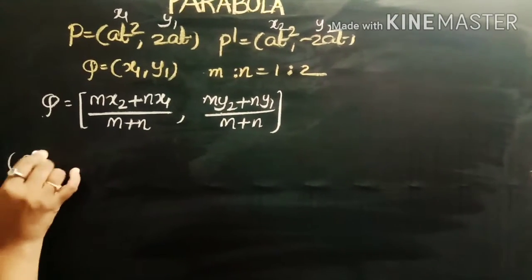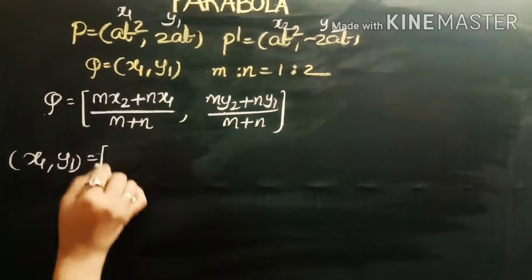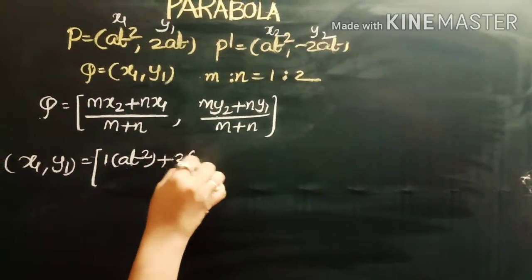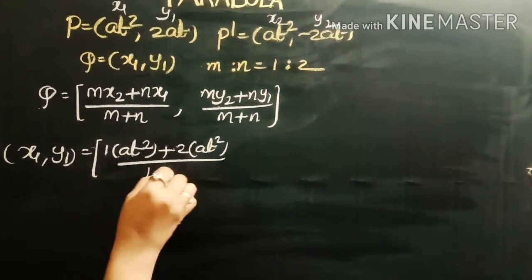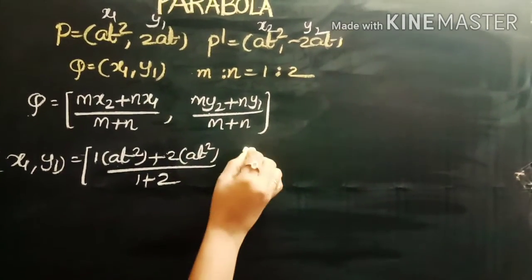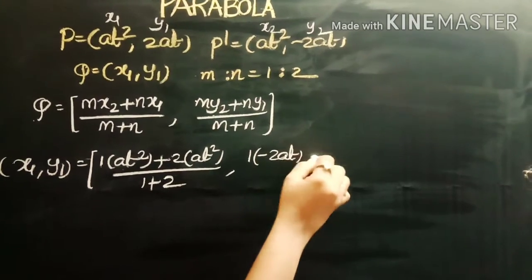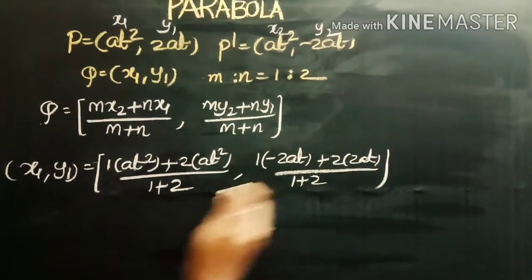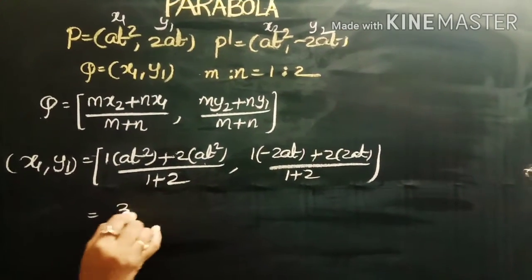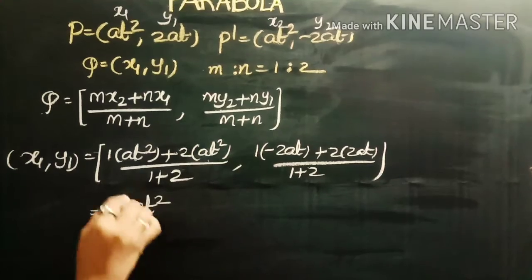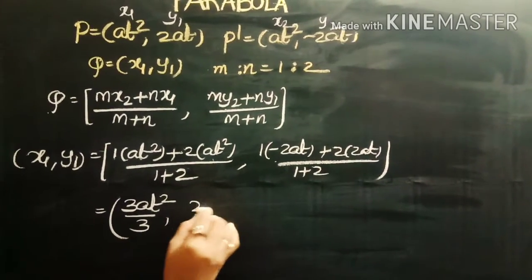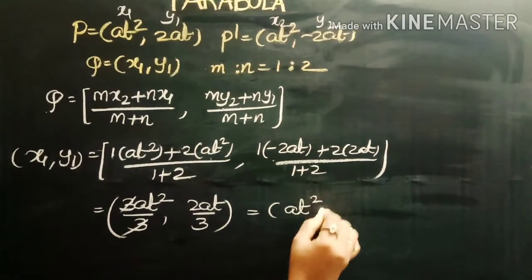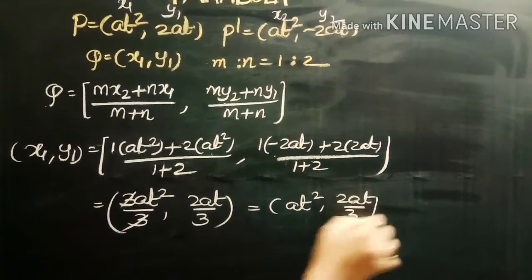So x1 y1 equals (1 into at square plus 2 into at square) by (1 plus 2), comma (1 into minus 2at plus 2 into 2at) by (1 plus 2). That is, 3at square by 3, and minus 2at plus 4at, 2at by 3, which equals at square comma 2at by 3, which is nothing but x1 y1.